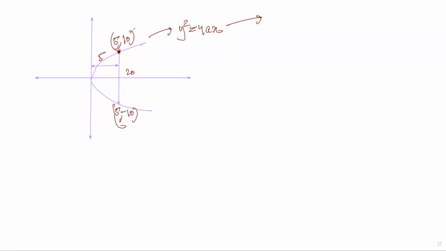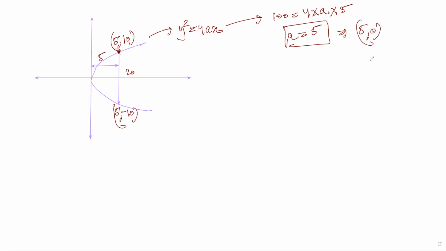So this parabola should satisfy 5, 10: y square would be 100, equals 4 into a into x, where x is 5. So a would be 5. Hence the focus should be 5 units from the vertex of the parabola, expressed as 5, 0.